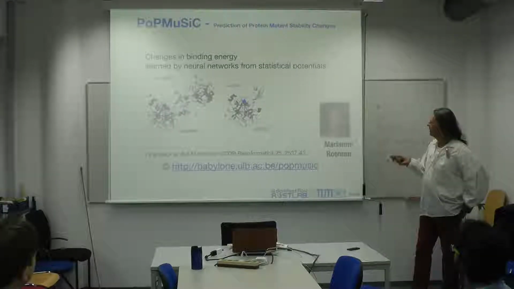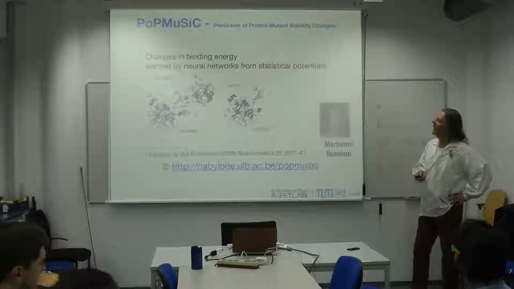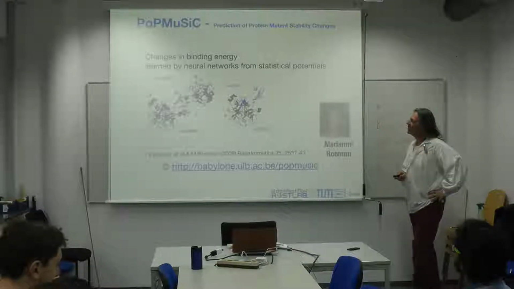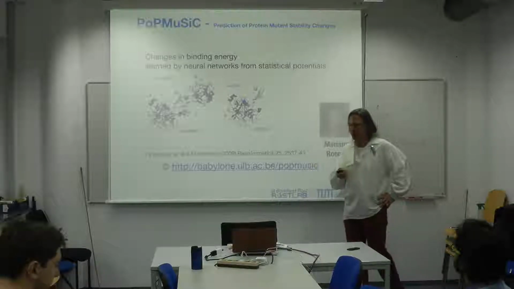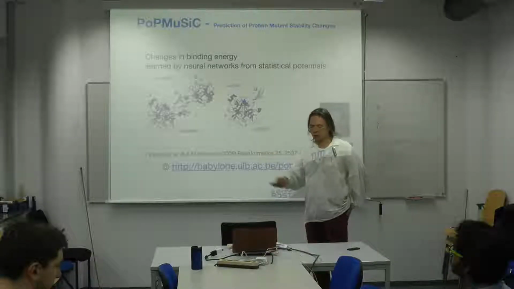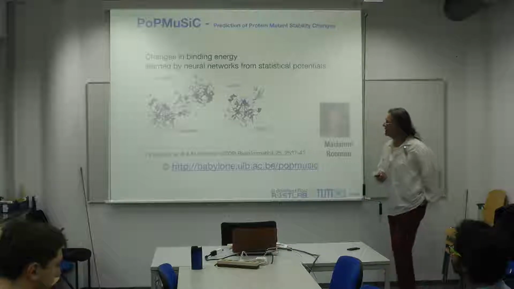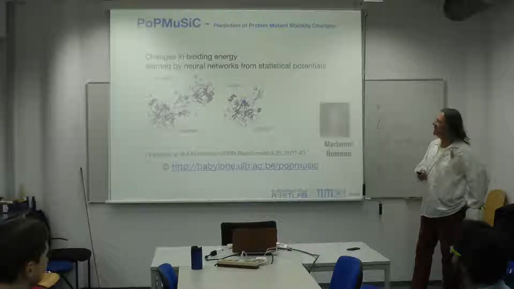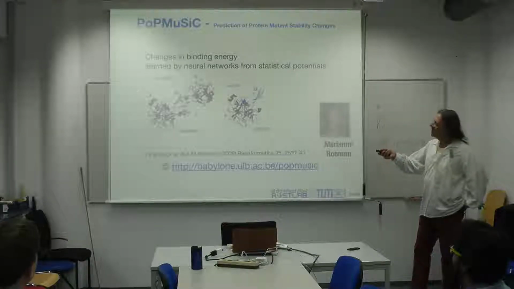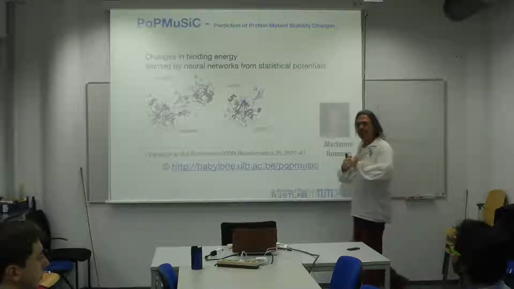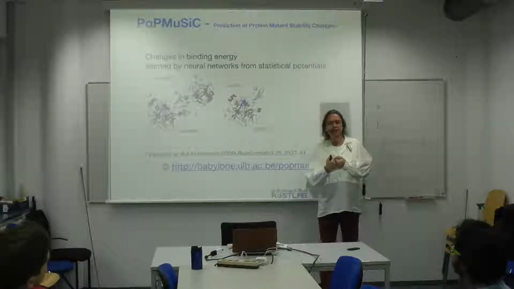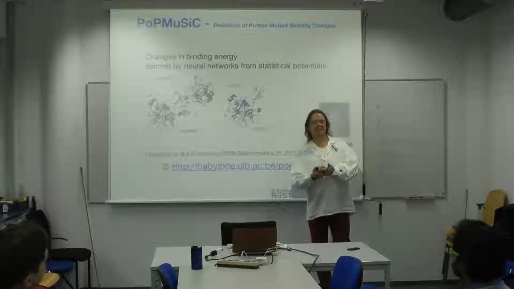Here, a method from Marianne Rooman's lab called PoPMuSiC does this more explicitly, and I'm going to show you three other methods that do that too. More explicitly means, in this particular case, this method looks at particular binding sites, protein-protein binding sites, and the effect upon these binding sites.